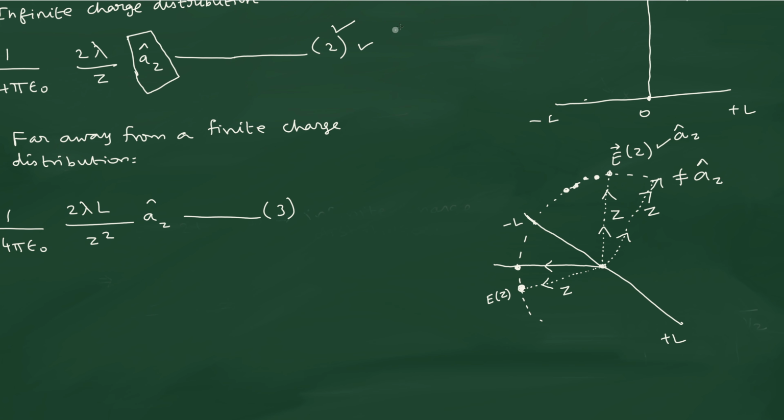So equation number 2 is correct. There is nothing wrong. This equation is correct, but we can understand it in a better way if we write down equation number 2 in the cylindrical polar coordinate system. So by understanding this, we can write down equation 2 in the cylindrical system.